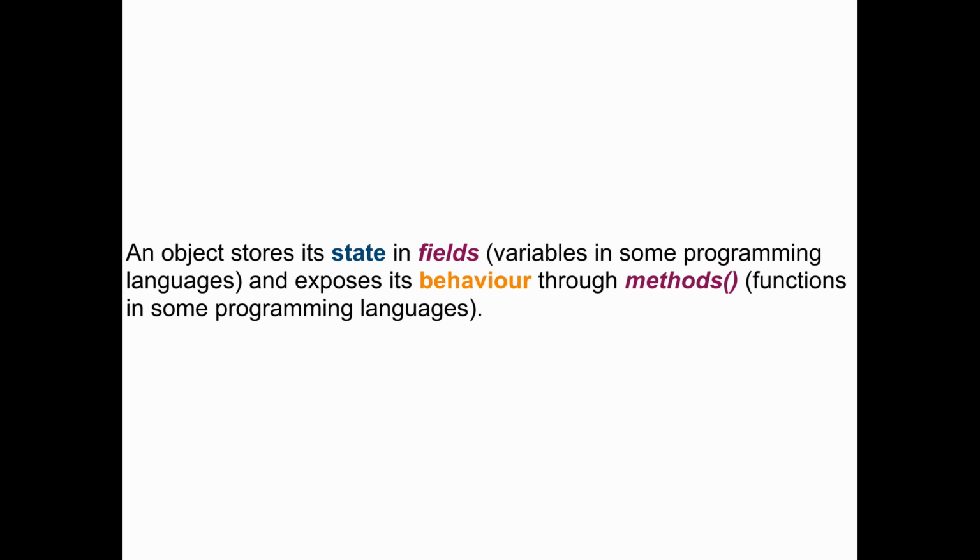So you have fields and methods, or variables and functions. So these are the states and behavior of the object. So you can have an object, your phone, and we'll call the state field or variable and the behavior method or function.